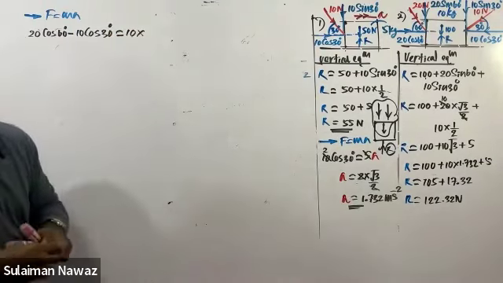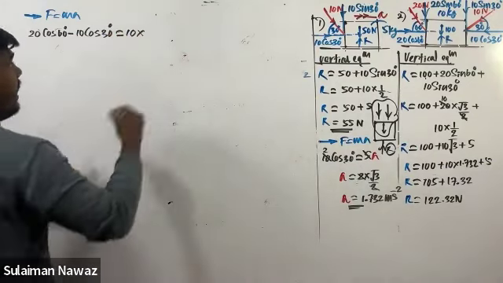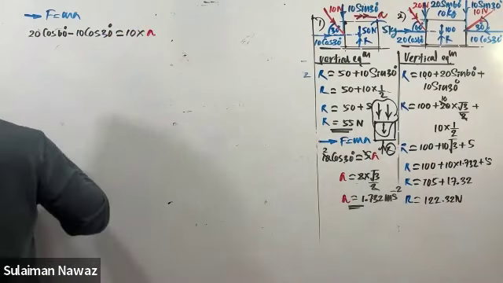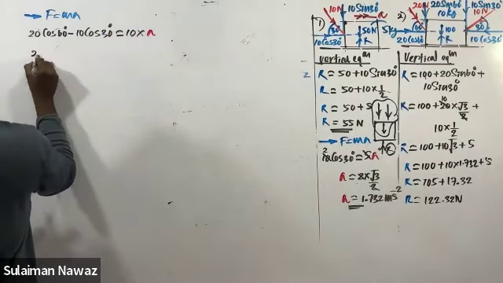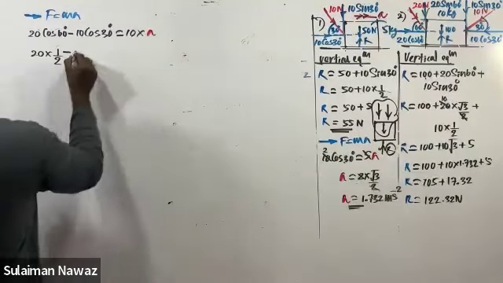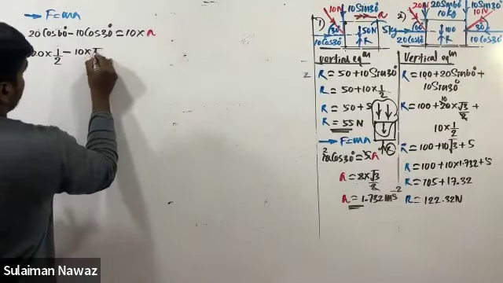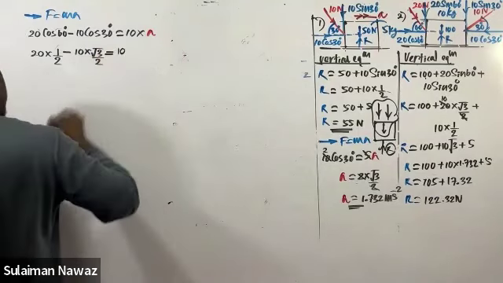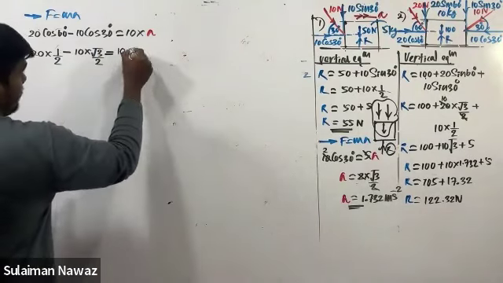I want to find the acceleration simply. Simplification: 20 cos 60 means half, minus 10 cos 30 means root 3 over 2, equals 10 times A.